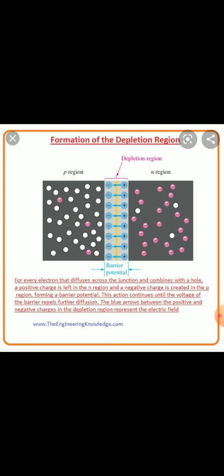The potential difference across the depletion region is called the barrier potential, V naught. It depends upon the type of semiconductor material, the amount of doping and the temperature. For example, V naught for silicon is 0.7 volt and for germanium is 0.3 volt.